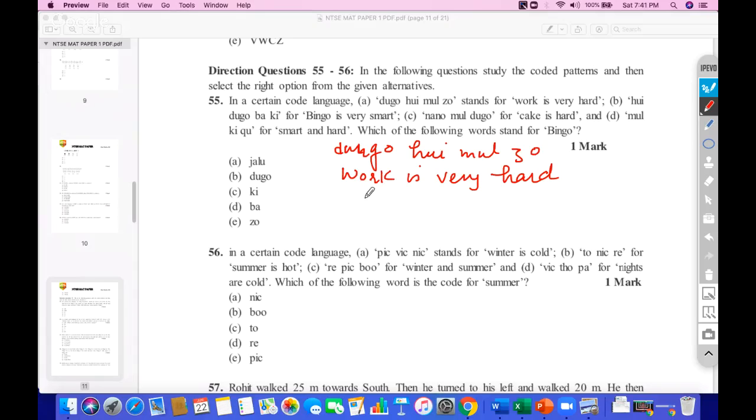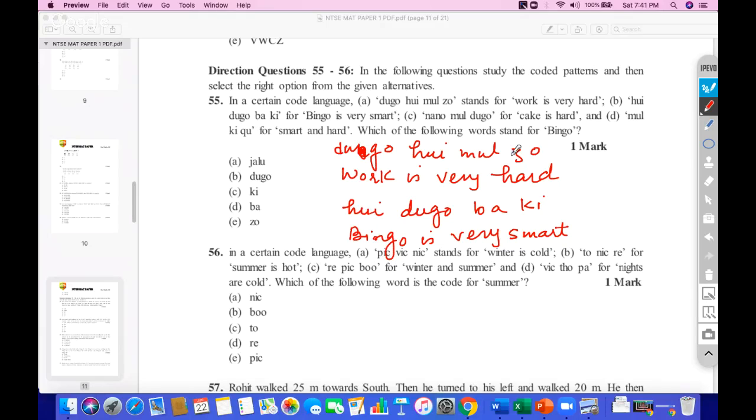Okay. Hui, not Dungo, it's Dugo. And Hui, Dugo is Bingo is very smart.